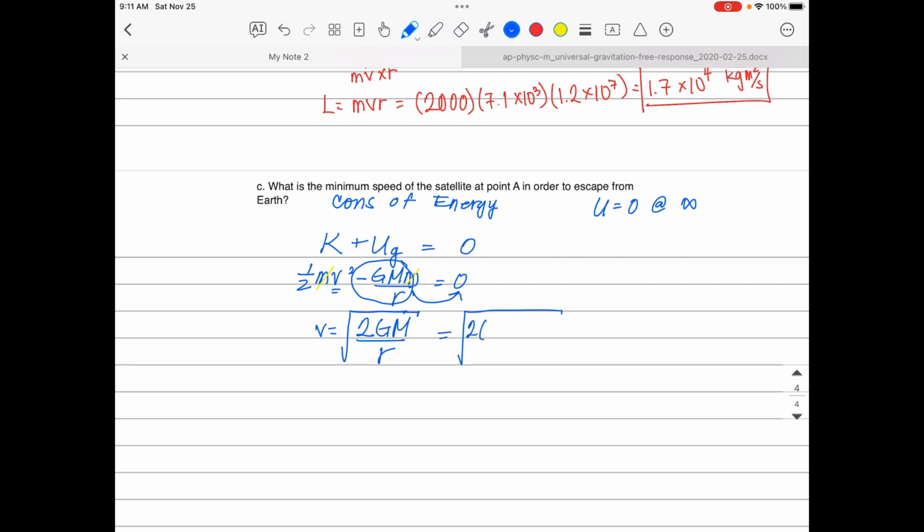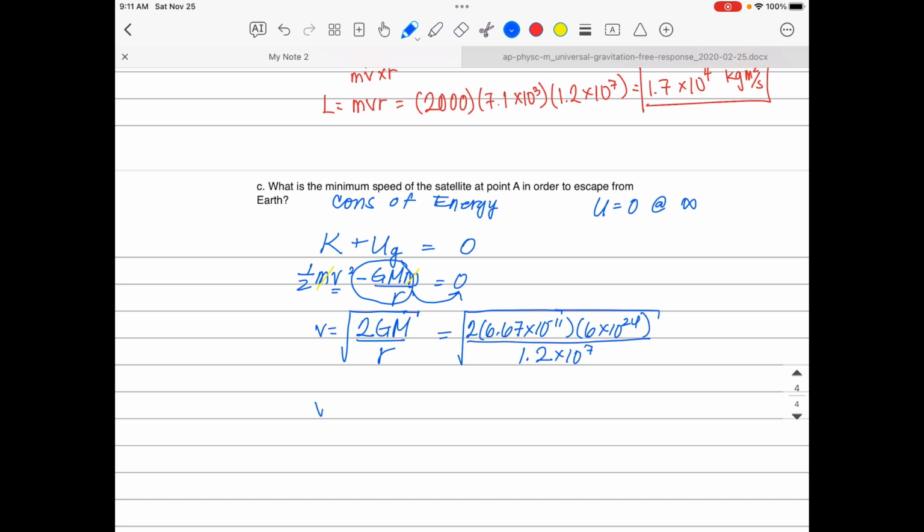So plug in the values, plug in the mass of Earth, and then the radius at that point.